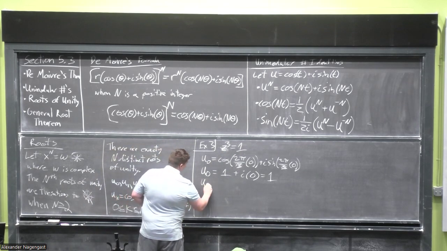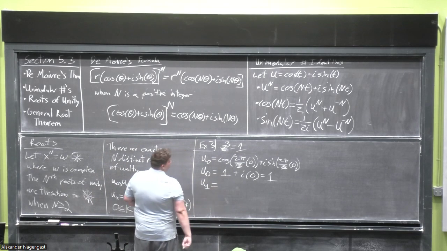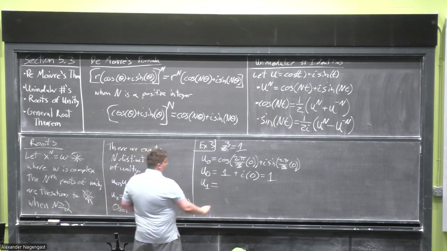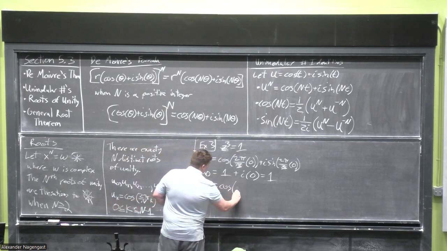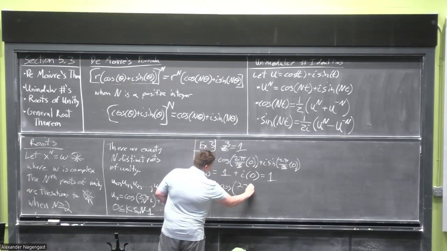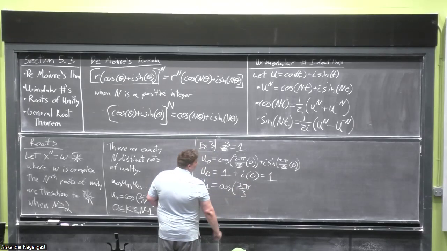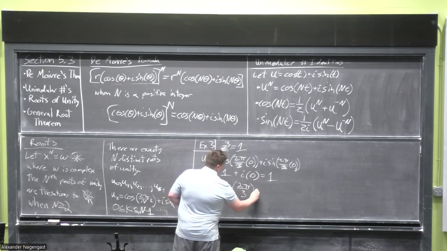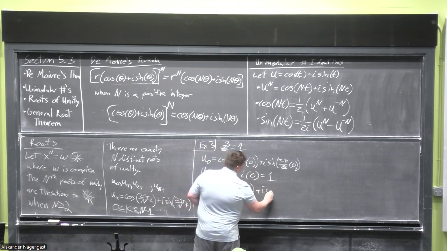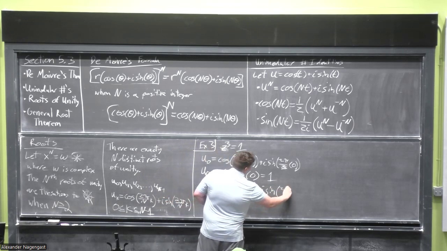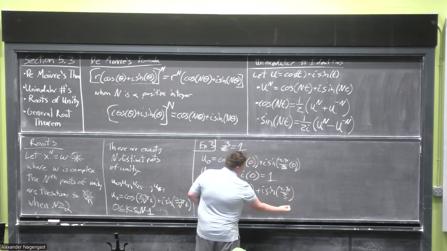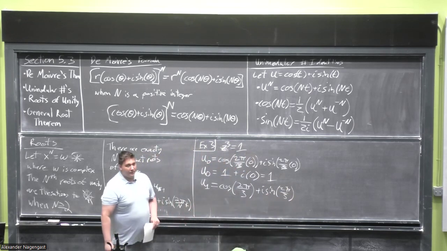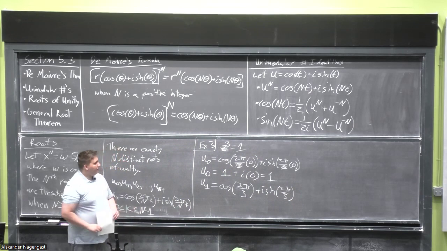So now u1 equals cosine of 2 pi over 3 times 1 plus i sine of 2 pi over 3 times 1. I'm omitting that because we can simplify.